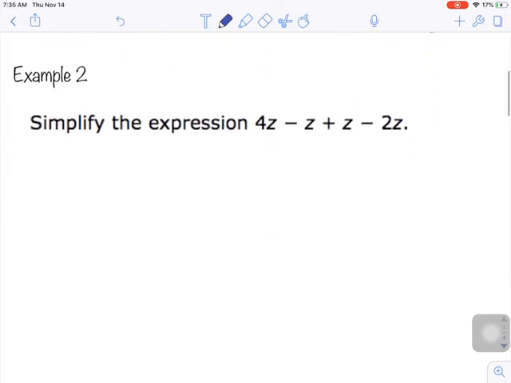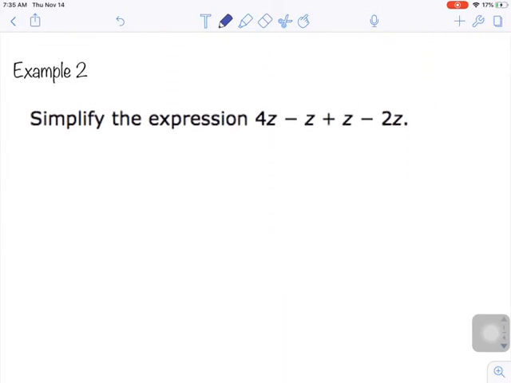All right, next example. So 4z minus z plus z minus 2z. So again, these are all z's. They're all like terms, so we can combine or simplify this expression. So we're going to use PEMDAS as always. So in PEMDAS, we do left to right with addition, subtraction. So first I'm going to do 4z minus z, which 4 minus 1 was 3.